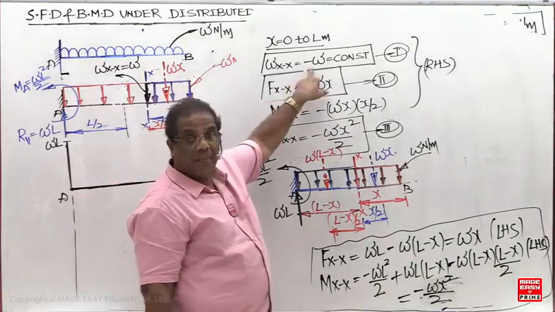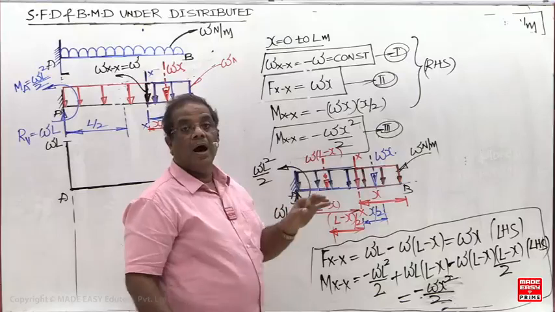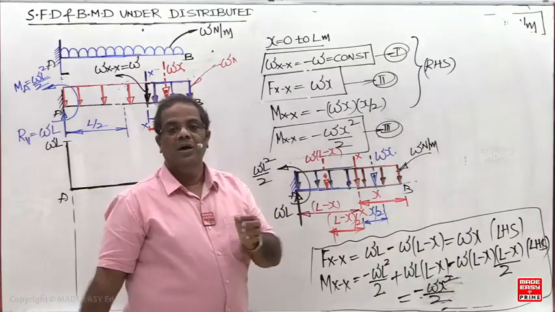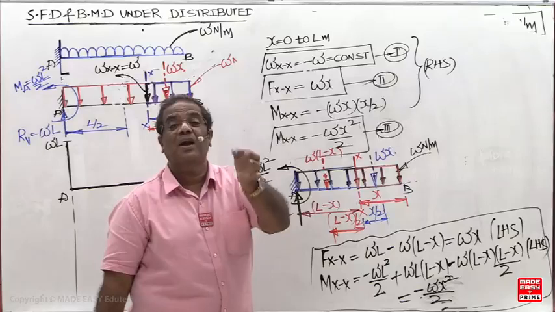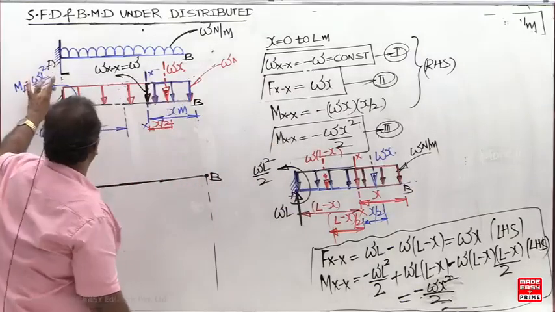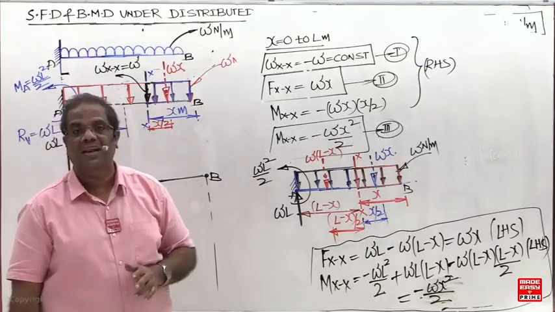Load intensity is independent of X, but shear force is a function of X. That always means distributed vertical load. Shear force variation is one order higher than load intensity. Here, is your load intensity constant or varying? Constant. Then one order higher means linear variation.